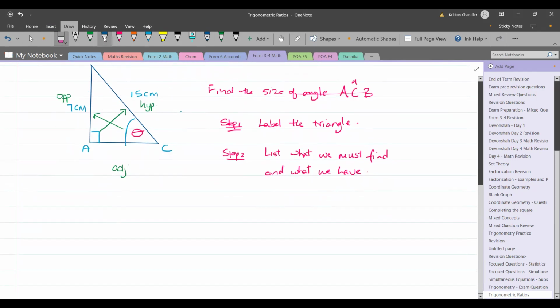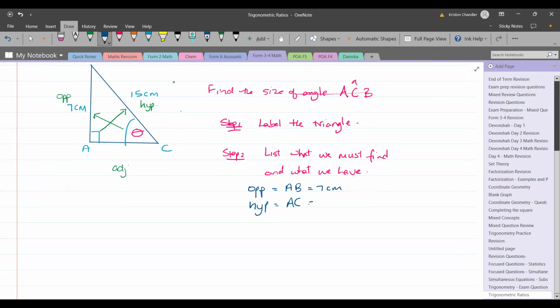So I have my opposite, which is AB, and the length of which is 7 centimeters. I have my hypotenuse, which is AC. The length of that is 15 centimeters. And what must I find? I must find the angle ACB, which we said is theta. So we're looking at what we have. We have opposite, we have hypotenuse.